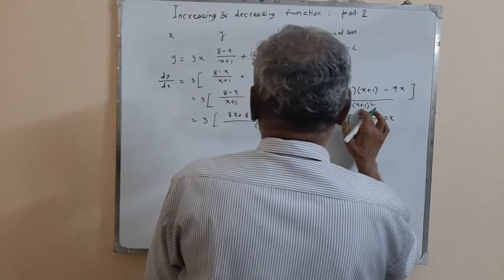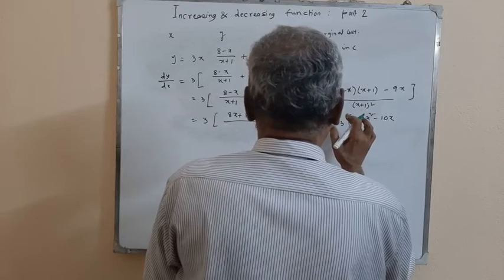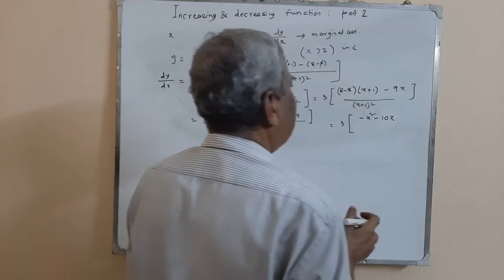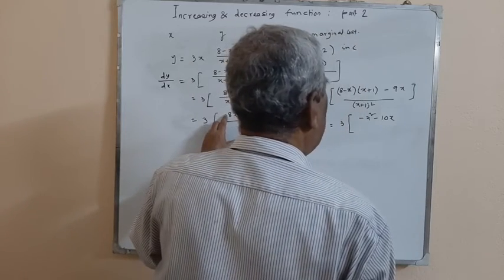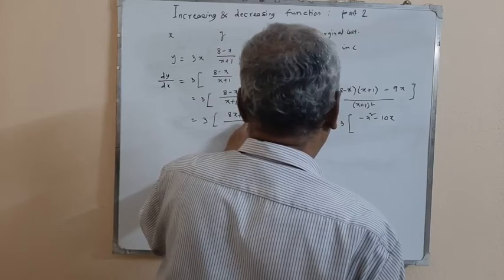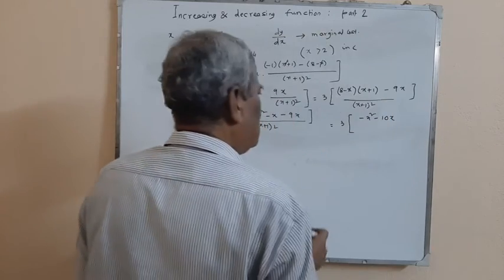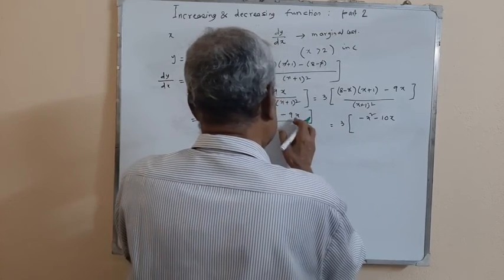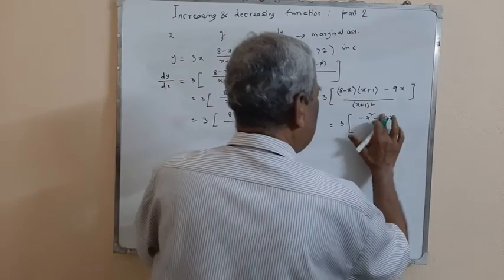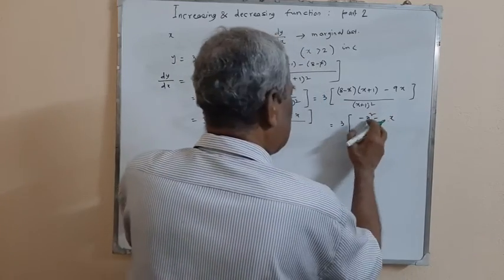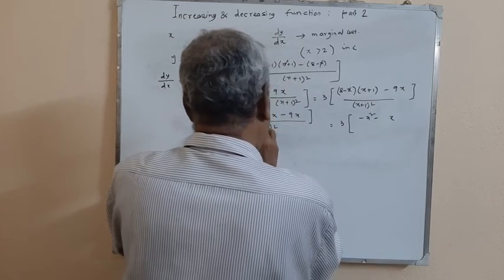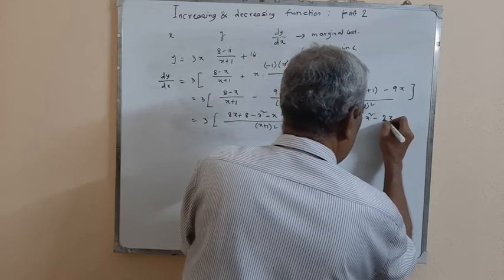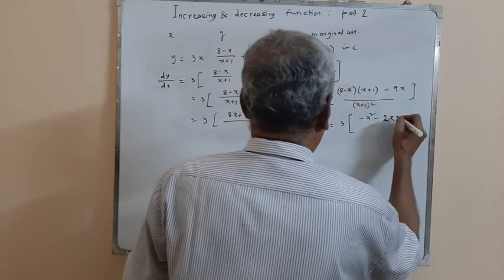So x plus 1 whole square, 8 minus x into x plus 1 minus 9x, so that 8x plus 8 minus x square minus x minus 9x, so that minus x square minus 10x, plus 8, minus 1 minus 2x plus 2.